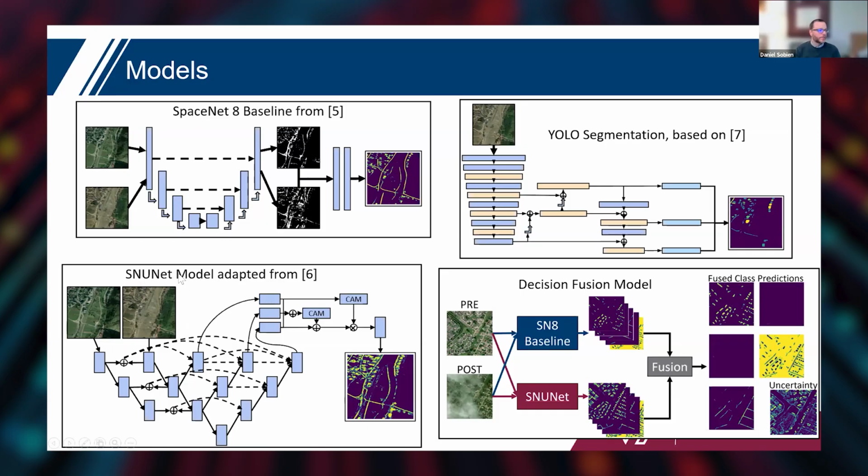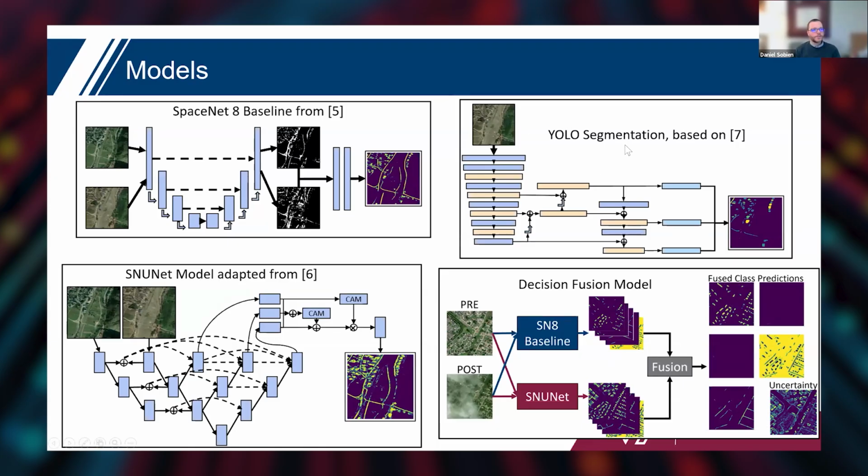The one below it, NewNet, is another open source model that we took and adapted a little bit, but it's a nested UNet. So it's similar to the SpaceNet 8, but instead of having the large gaps between the different layers, we're filling them in. And then it has some attention modules in there as well.